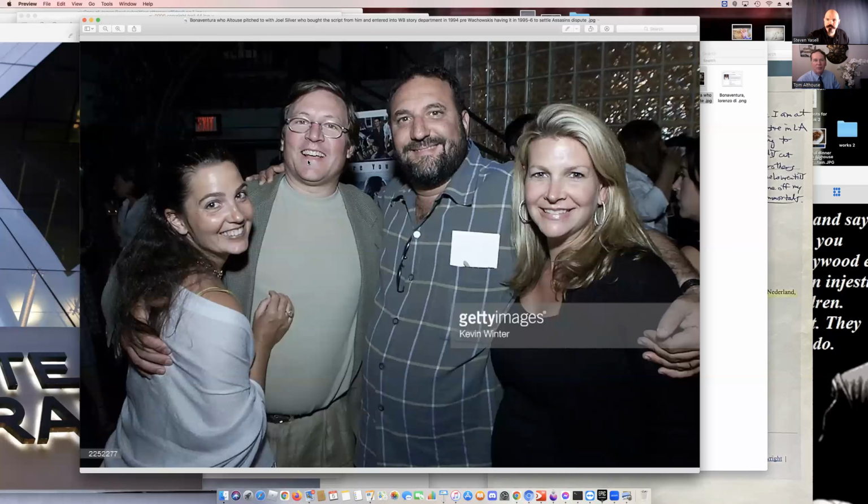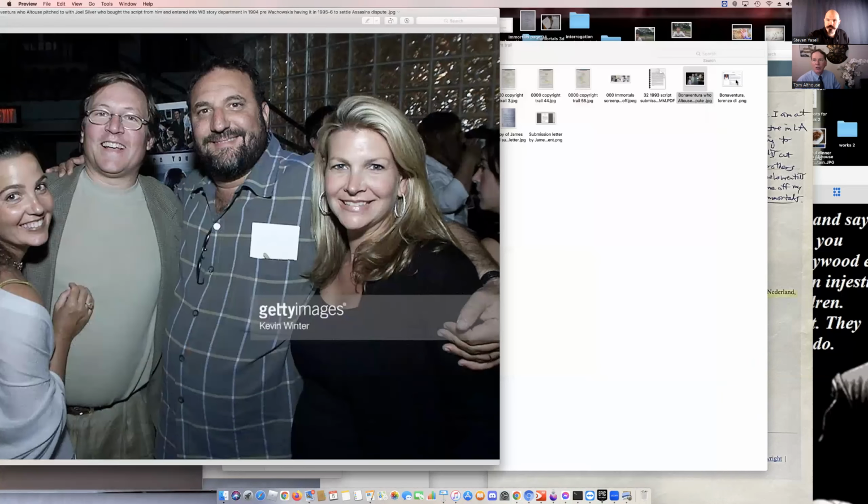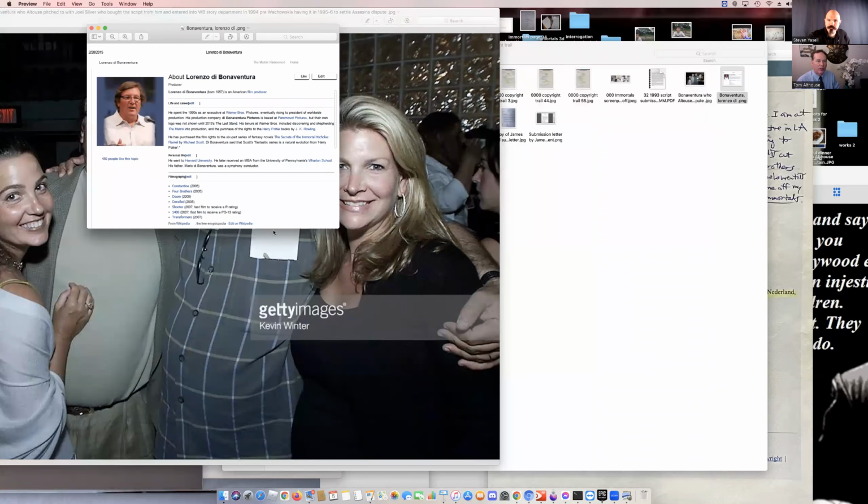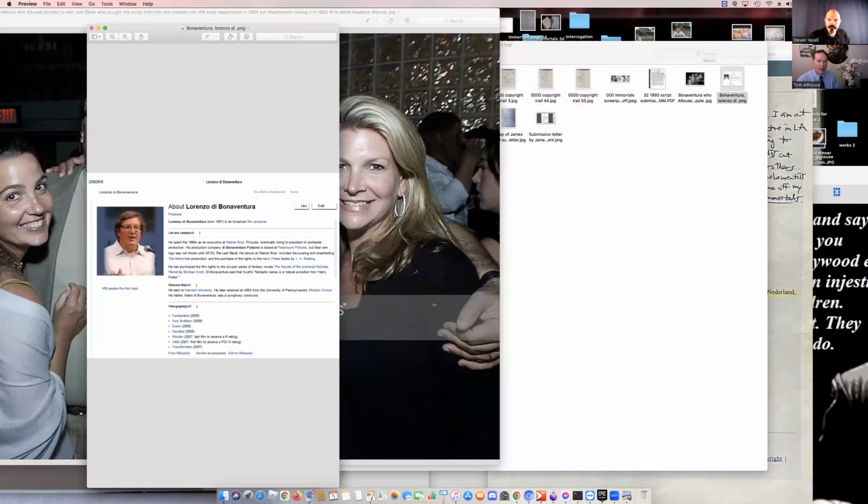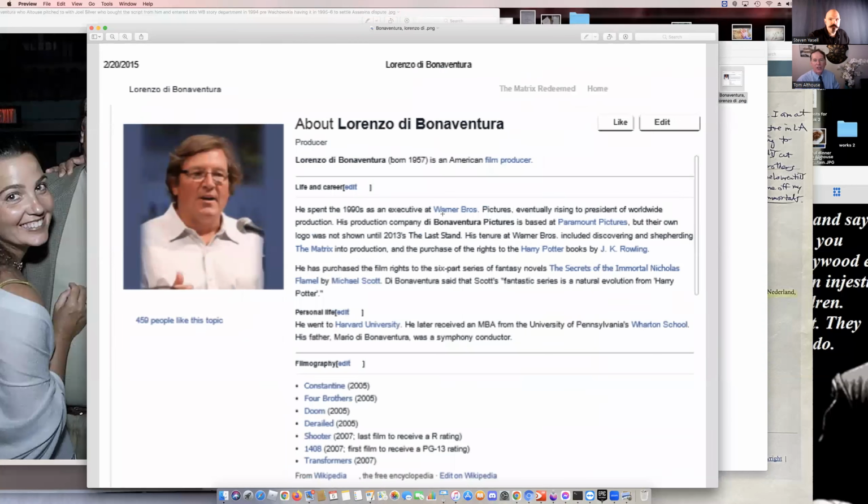Joel Silver, Bonaventura. So Joel Silver claims he bought it with his spec money from Bonaventura, who I pitched to, Lenny Coco's home, who still says he discovered and shepherded the Matrix story. See? Included discovering and shepherding the Matrix into production.